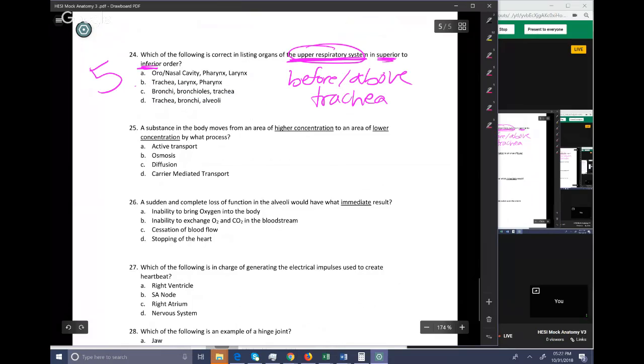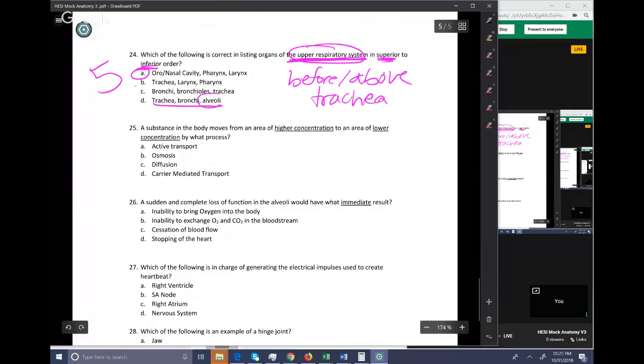You have to be going from superior to inferior. So the cavities that the air actually comes in, and then the throat, and then the voice box, that's in the right order. The trachea, larynx, pharynx is backwards. That would be from inferior to superior. This is correct, but the trachea would come before that if you were going from top to bottom. So they're all in the wrong order in the first place, except for D.